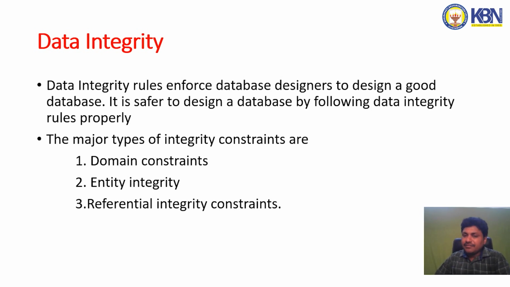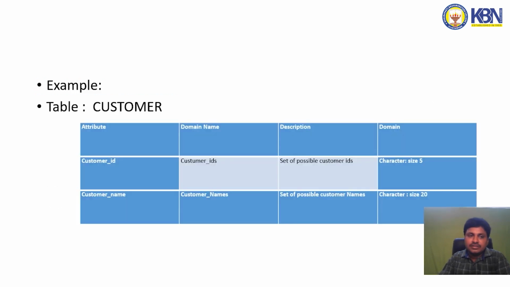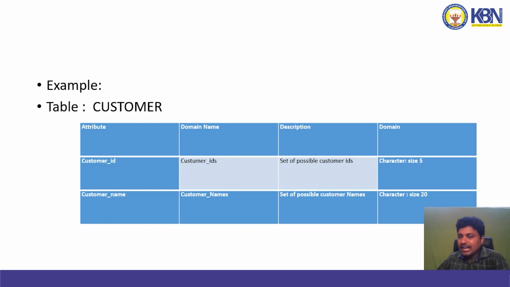The major types of integrity constraints are domain constraints, entity integrity, and referential integrity constraints. What about the domain constraints? A domain definition usually consists of the following components: domain name, meaning, data type, size, allowable values, and a range of values. In this example, we have taken the customer table.